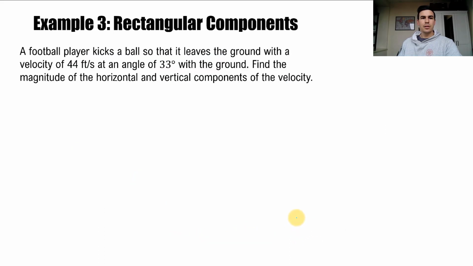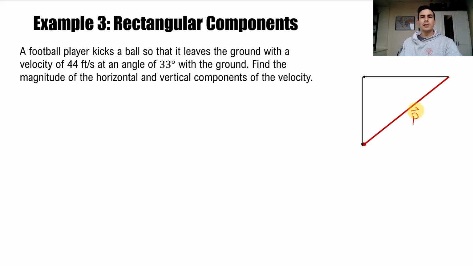Looking at our rectangular components. Rectangular components are very similar to what we just did, but in reverse. If I have this vector P, our rectangular components are just breaking this up. It's similar to our parametric equations.